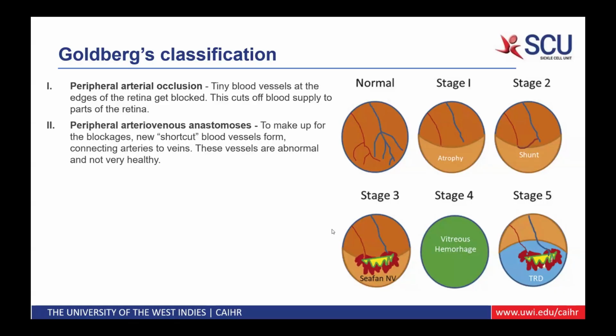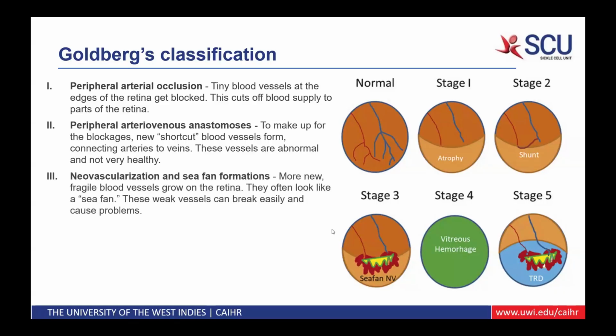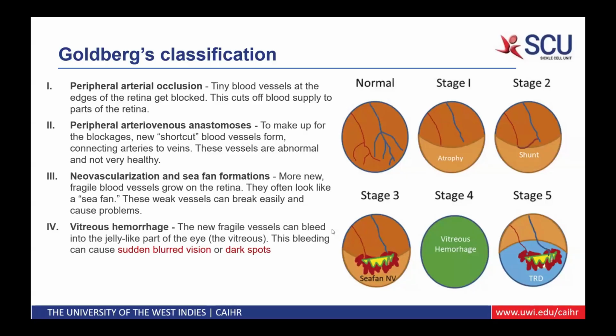So you're seeing that shunt that's forming there, that are going to form to try and make up for it. And then eventually, you're going to have a lot more of these forming until it starts to look like a C fan. And the problem with those C-fan looking blood vessels is that they can break away easily and cause lots of vision problems.